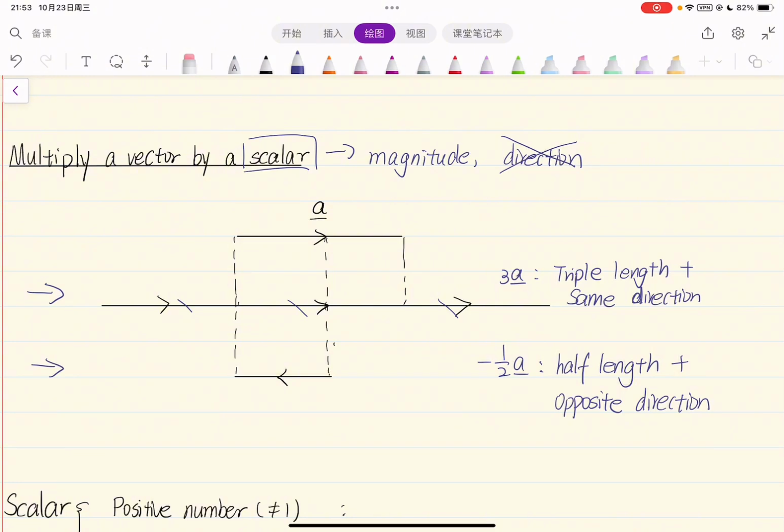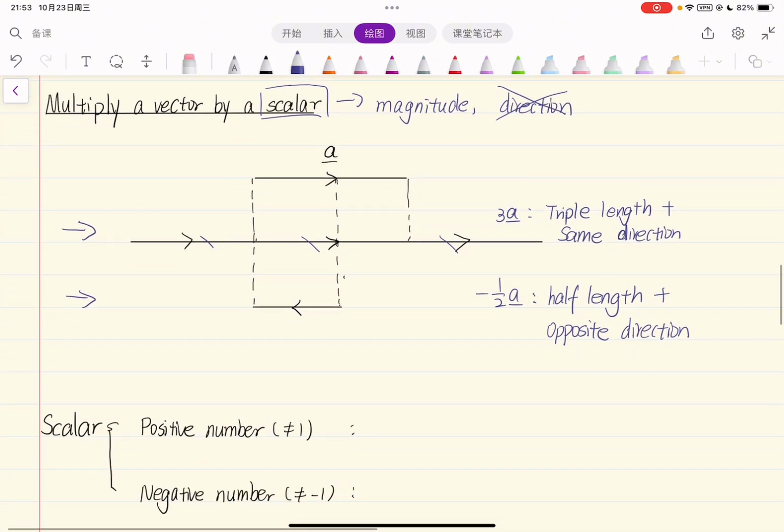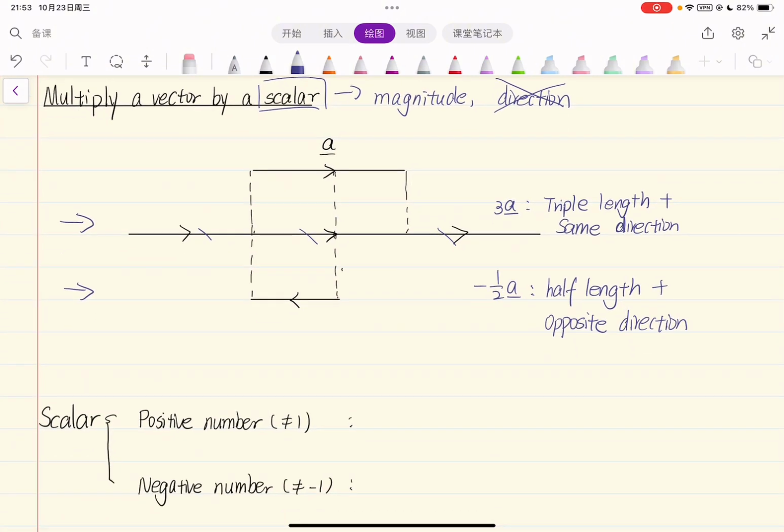To sum up, if the scalar is a positive number and does not equal 0, this vector has a different length and the same direction, e.g. 3a.